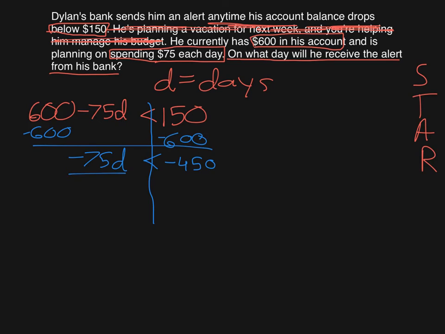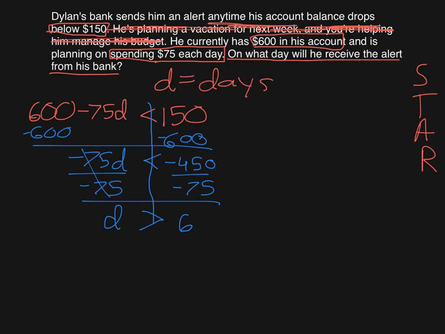We divide by negative 75, and we're left with d on the left side. On the right side, we have positive 6, but because we divided by a negative, we must switch the inequality. D is greater than 6.